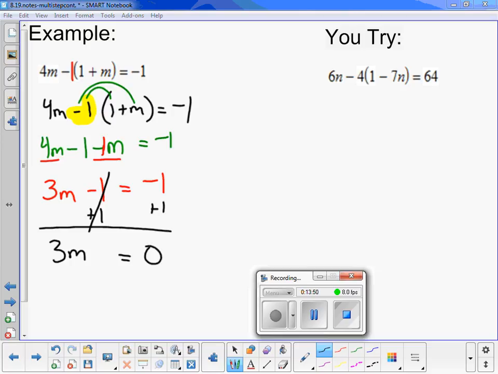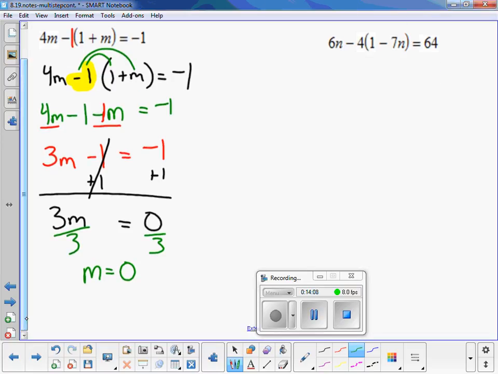It is okay to have a 0. All right? Don't stop there and think you must have done something wrong. It doesn't mean you did something wrong. So then I have 3m, 3 times m equals 0. Opposite of multiplication is division. So m equals 0 divided by 3 is 0. So I think my answer is 0.